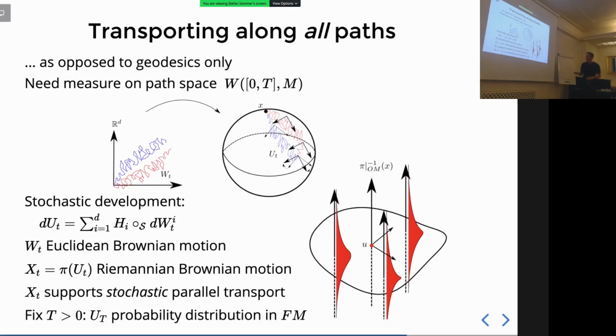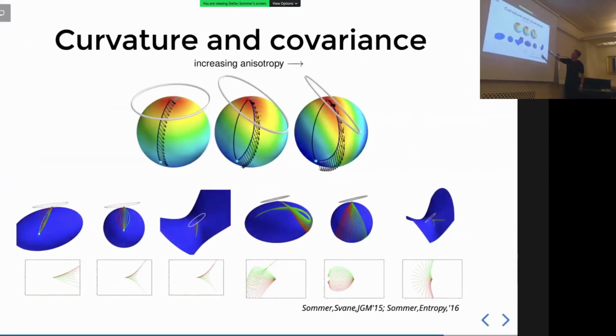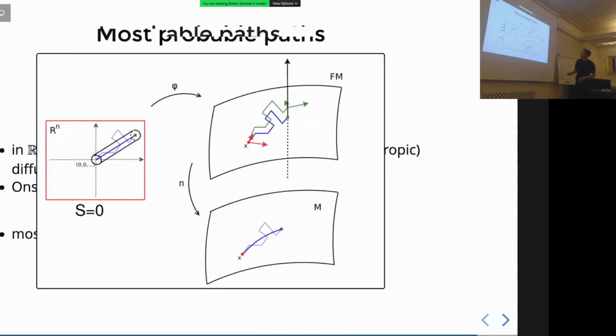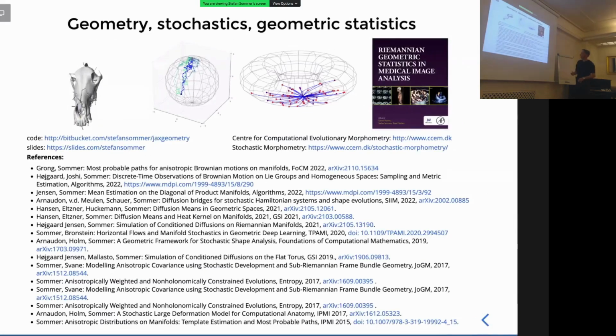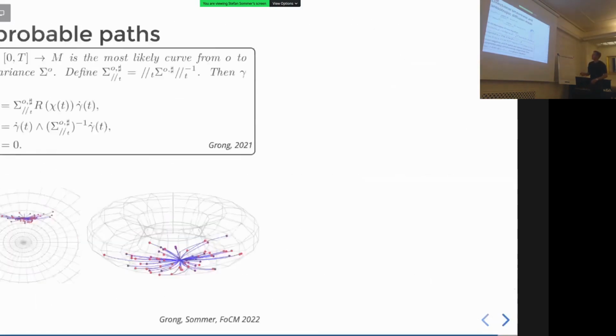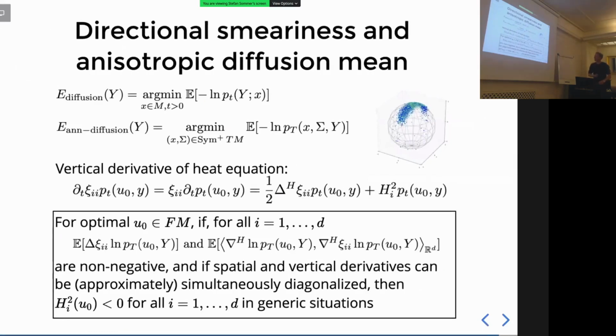But the upshot of using frame bundles is that you get distributions on the manifold that have non-trivial covariance, but are still tied to a diffusion model, now a diffusion model in the frame bundle. So here is where I would like to end up if it was possible.